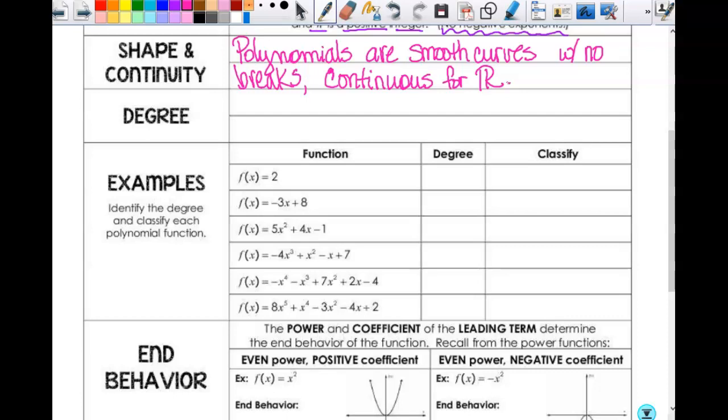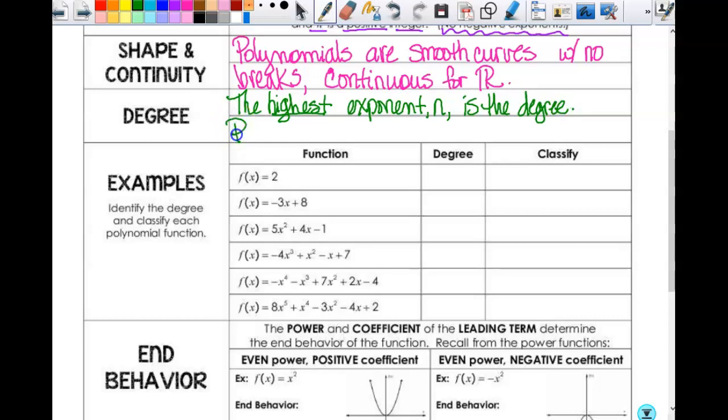Then we have the degree of the polynomial. It's the highest exponent, not necessarily the first, but the highest exponent. n is the degree. So if your highest exponent is a 4, then it's a 4th degree polynomial.